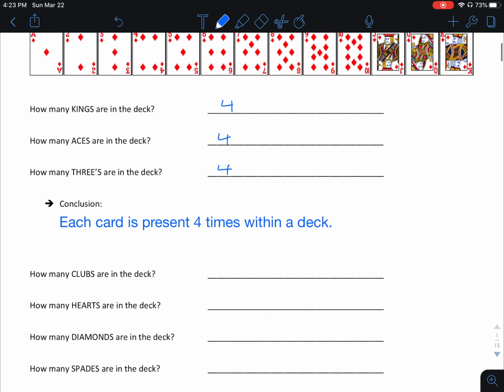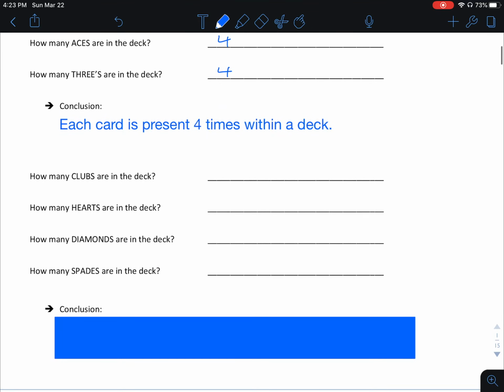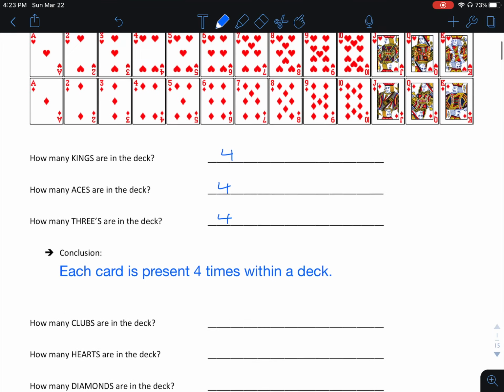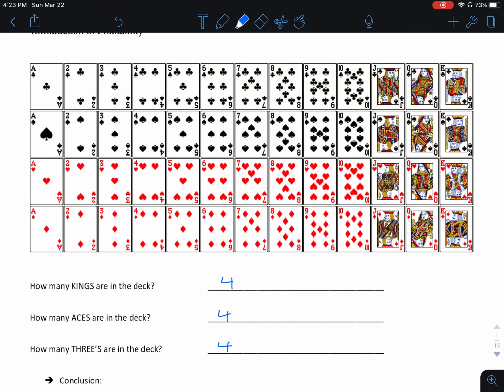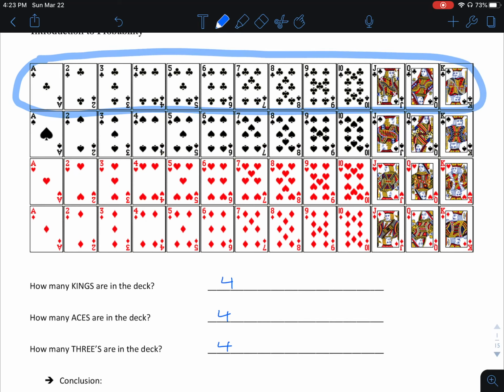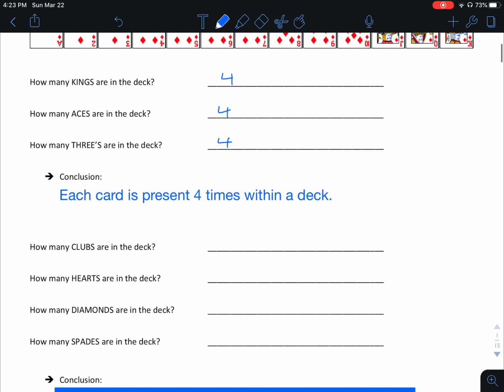Let's move down and talk about clubs. If I go back up here, clubs are that first row. It almost looks like a clover. How many clubs do I have in a deck? I hope you got 13, because that's what I got.